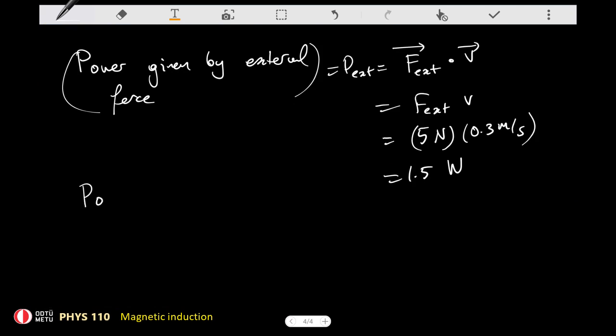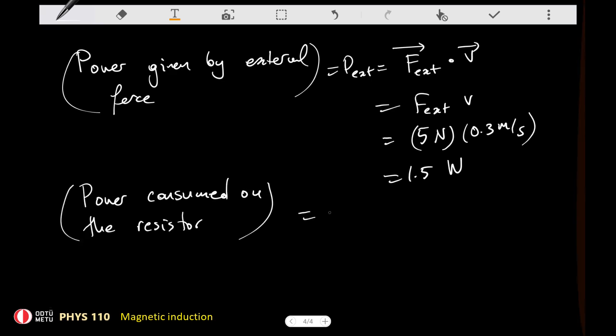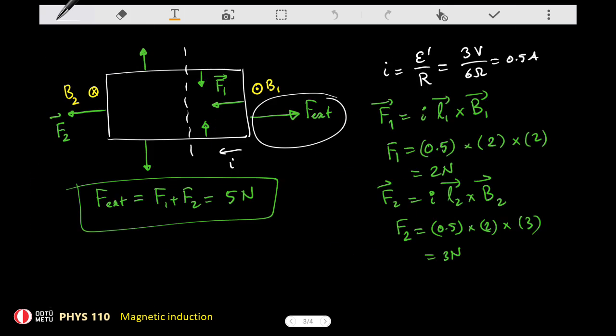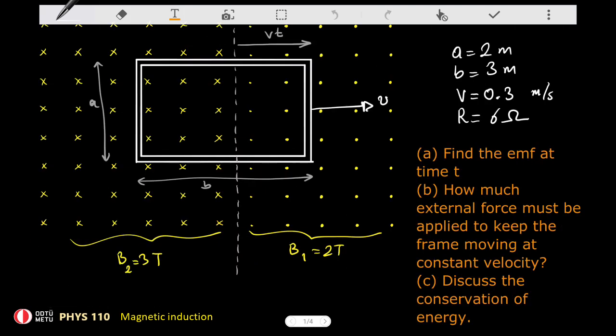And then the power consumed on the resistor. The resistor is on the frame. So that's the ohmic loss. That's equal to I squared R, or if you want, it is E squared over R. I again forgot everything. I think current was 0.5. But let's remember the values.